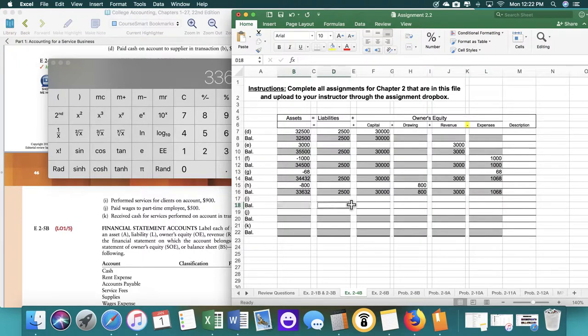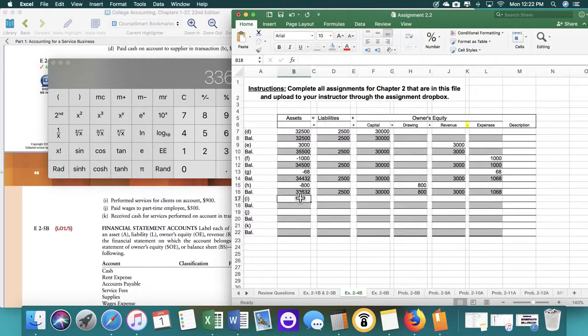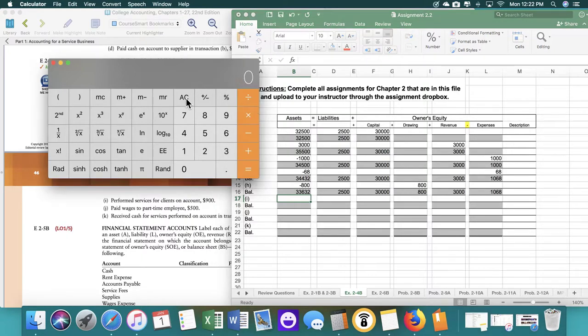So let's get those the right color. There we go. So let's go ahead and check our math. 2,500 plus 30,000 plus 800 plus 3,000 minus 1,068. And it looks like we have a problem somewhere, so let's double check our math.